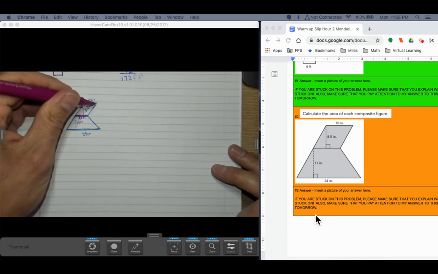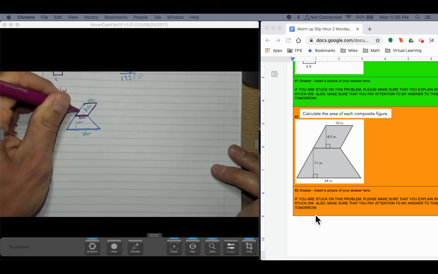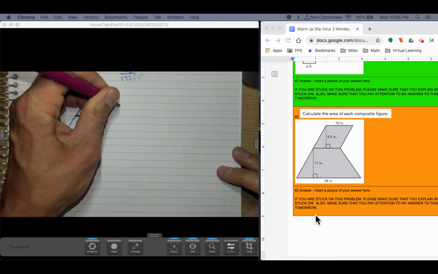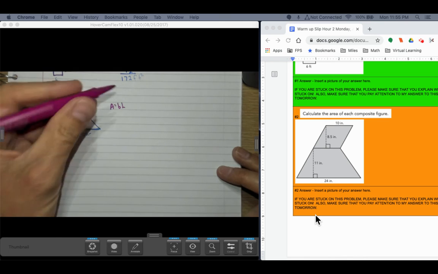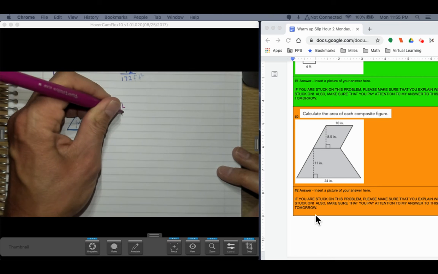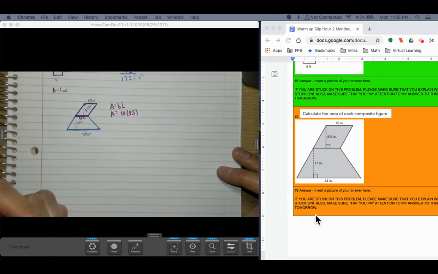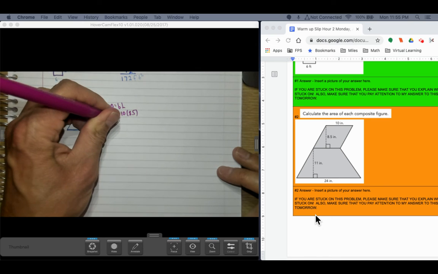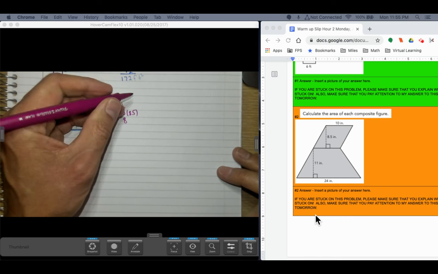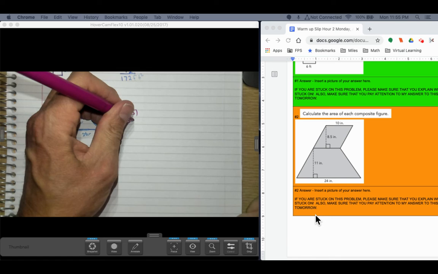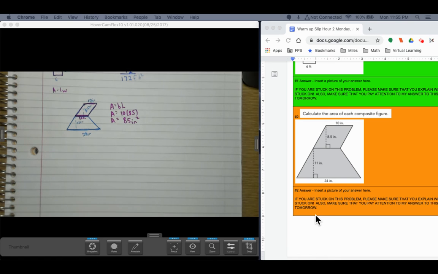To figure out the area, a parallelogram area is base times height. In this case, the area is going to be 10 times 8.5, and the area of that top part is going to be 85 inches squared.